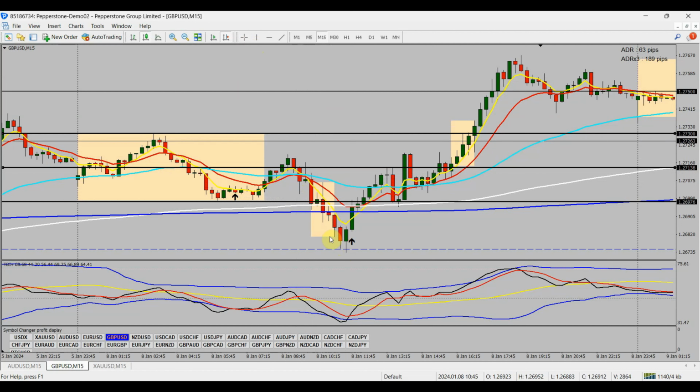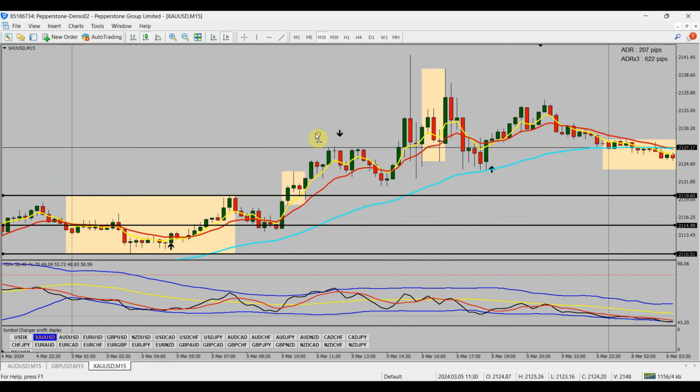If you want, you can even see this now as a type 1 pattern where price came down and then gave you that beautiful move to the upside. So you had a type 2 pattern here and then a type 1 pattern here. For those who wanted to take this, you could have, and for those who wanted to take this, you also could have. However, this would have been the better trade setup because we are in line with the 5200 trend.